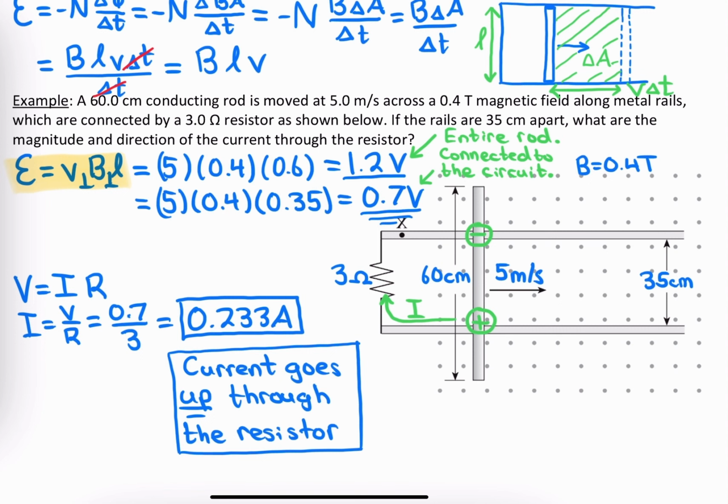And once we find what its voltage is, if we then hook it up to a circuit, just like any power supply, it will be able to drive current through that circuit, and we can find things like the current flowing in the circuit.